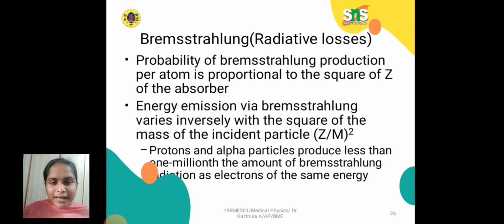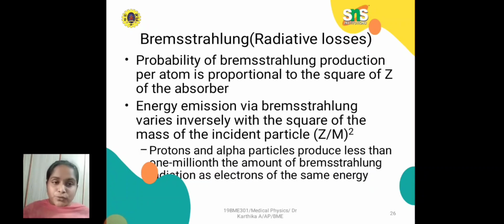Okay, the next main thing is bremsstrahlung. It is also called radiative losses. Here the probability of bremsstrahlung production per atom is proportional to the square of Z of the absorber. Here the energy emission through bremsstrahlung varies inversely with the square of the mass of the incident particle, that is Z by m to the power 2.